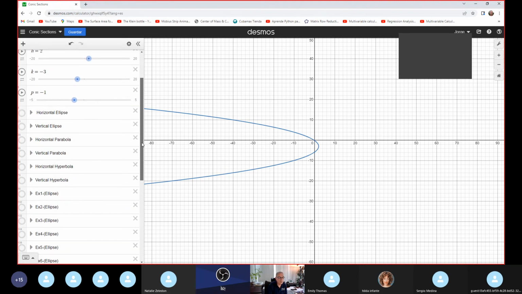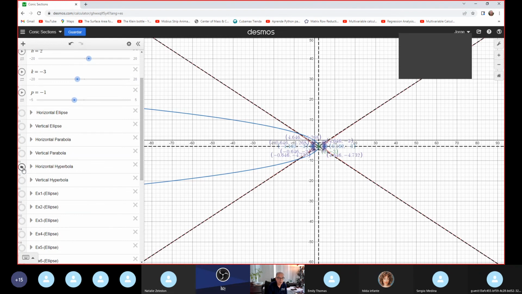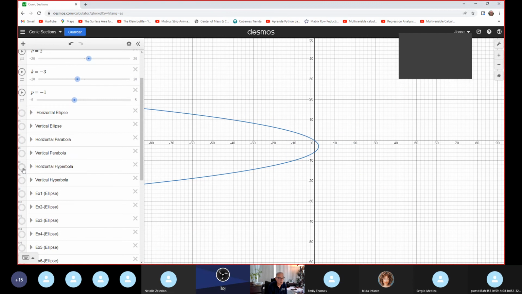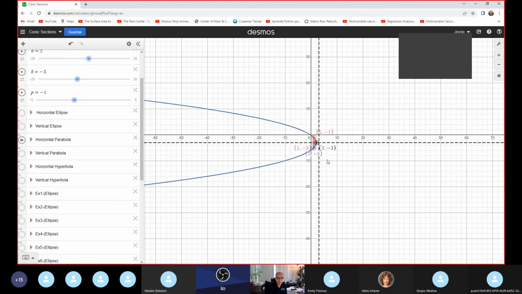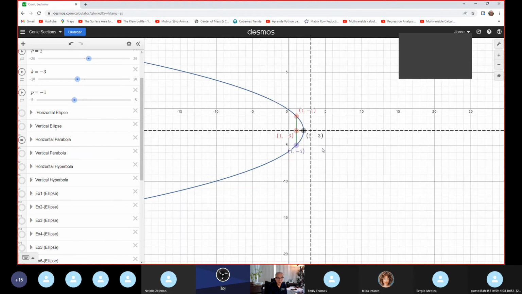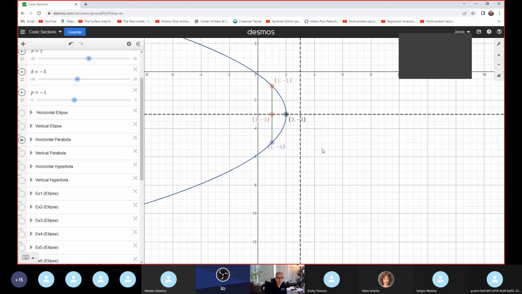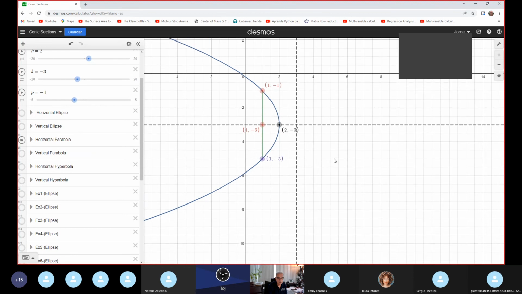And we classify this parabola as a horizontal parabola. Boom. Oh no, not hyperbola. Parabola, horizontal parabola. Boom. Wow. I need to zoom to understand this because p is small. Now remember, the distance from the vertex to the focus is p.